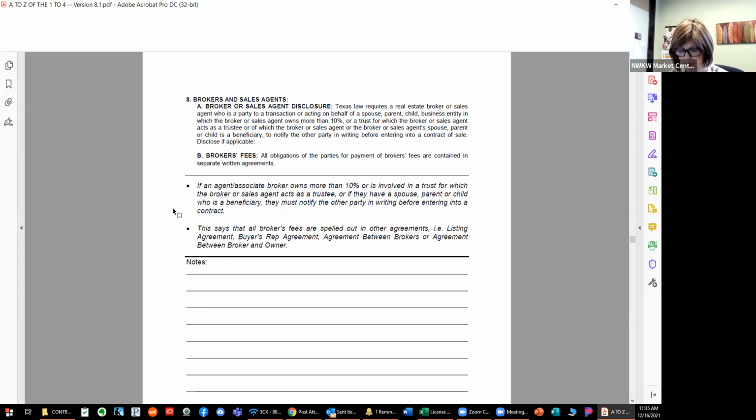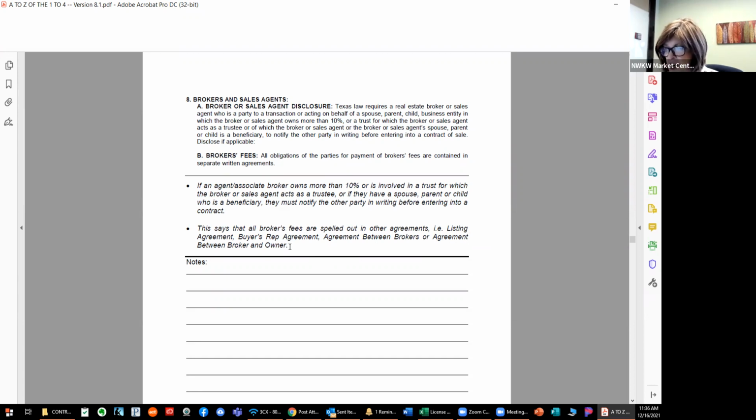So you must put in there that the listing agent has a familial relationship with the buyer or the seller, so that they know. You need to disclose that. And if it's a cousin, I don't care if it says brother and sister, if it's a relative, I'd put it down.